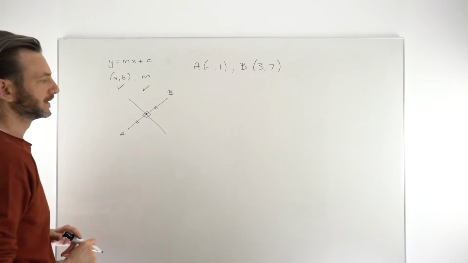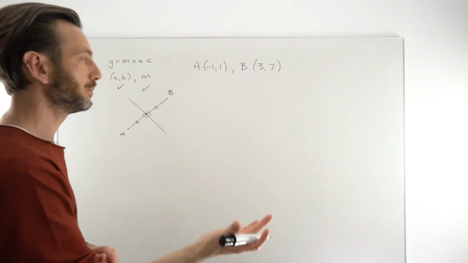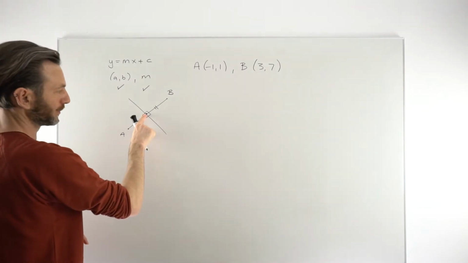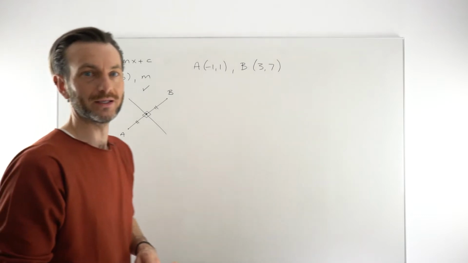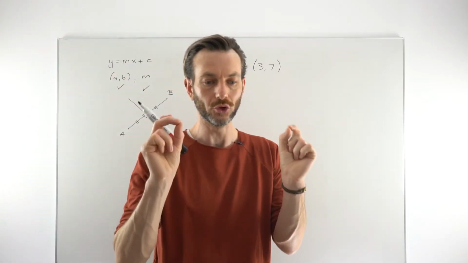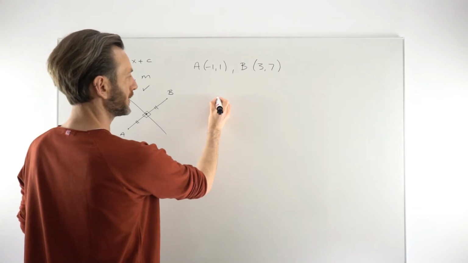So one thing that tends to come up in these questions is the midpoint formula, because we've got this midpoint. The midpoint formula basically allows you to find where the middle point is, if you've got two endpoints. It's a little bit over formalized, but it basically looks like this.